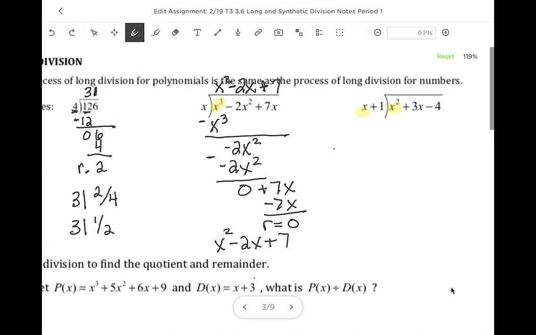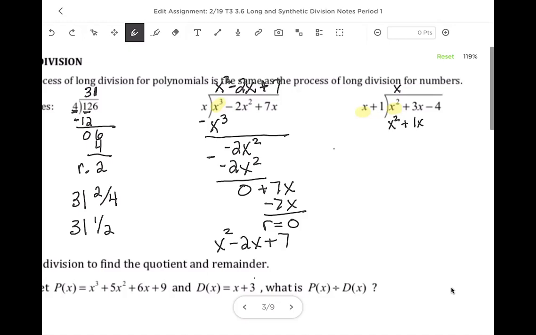So we're still looking at the x and the x squared. So x squared divided by x is x. But when you multiply, you're going to multiply the x times the x and the x times the 1, and you're going to place them under their like terms. So x times x is x squared, and x times 1 is 1x.